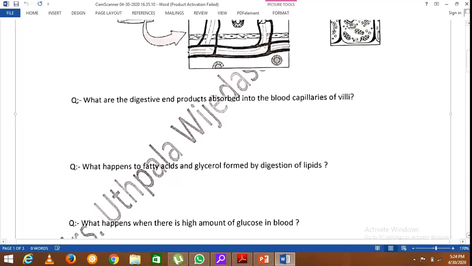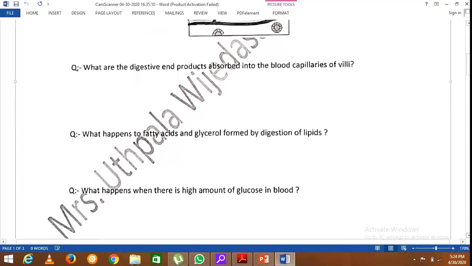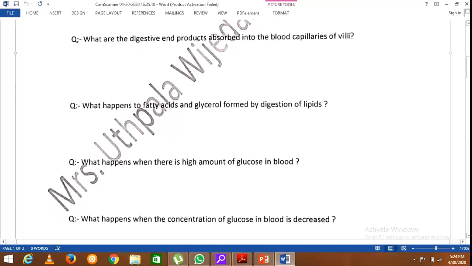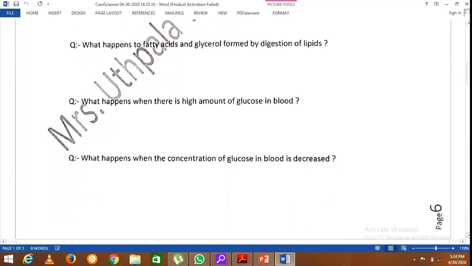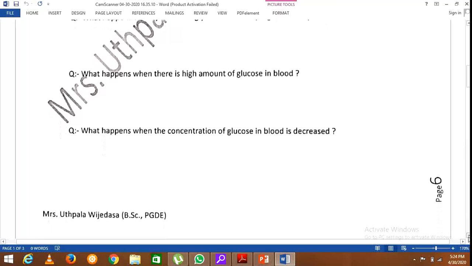Then what happens when there is a high amount of glucose in blood? When there is a high amount of glucose in blood, the excessive glucose is converted into glycogen and stored inside the liver mainly.